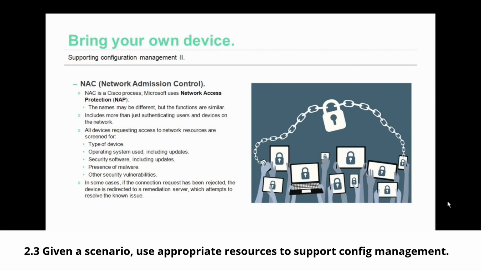NAC can also check for the presence of malware or other security vulnerabilities. In an advanced setup, if the device requesting the connection has been rejected, the device is then redirected to a remediation server which attempts to resolve the known issues. So if the security software is out of date, the remediation server may try and bring it up to date and then allow that device to connect to the corporate network.